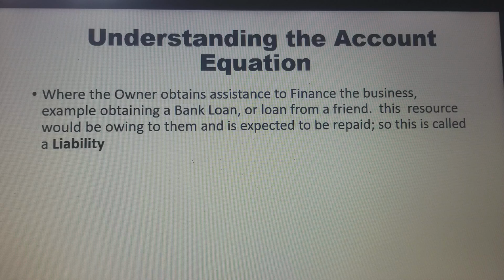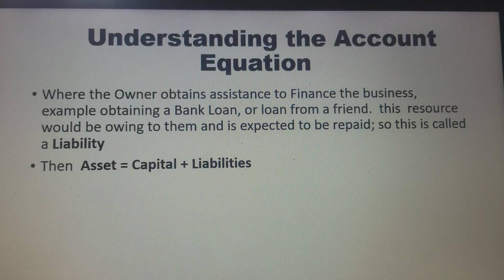So when the owner gets assistance in financing the business, that financing that the owner has received from either a person or a bank or other institution, it is referred to as a liability. Why liability? It means that the owner or the business at some point in the future is liable to repay that amount that was given to them.